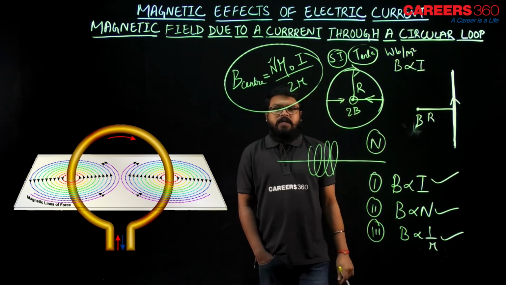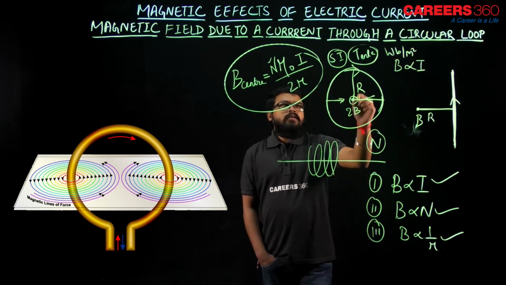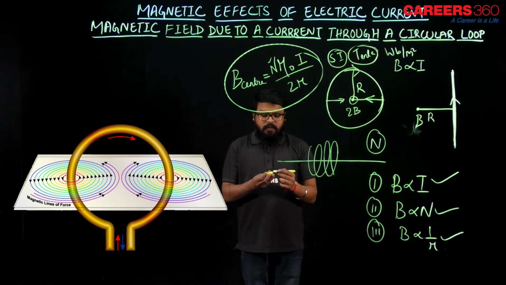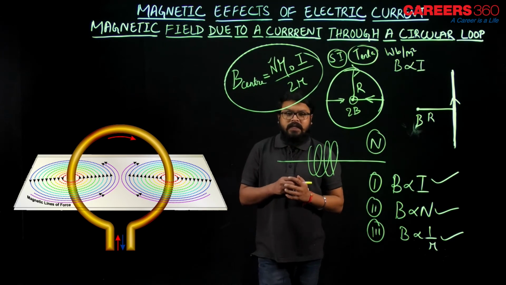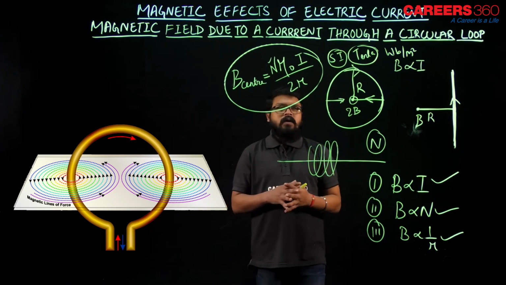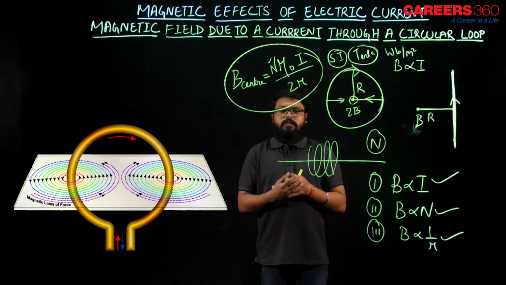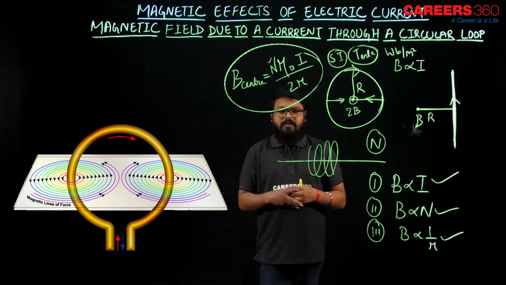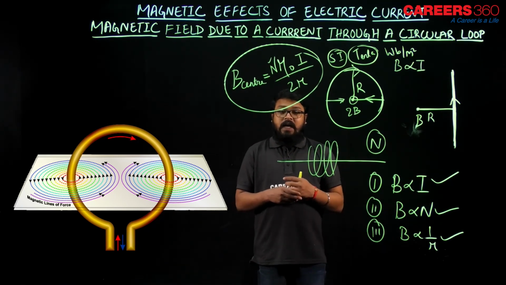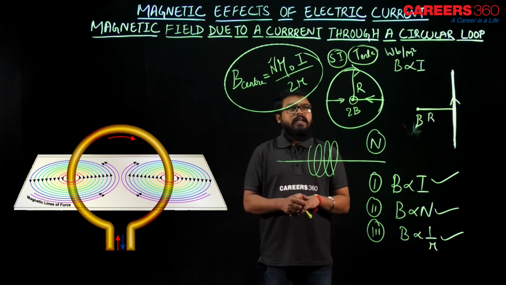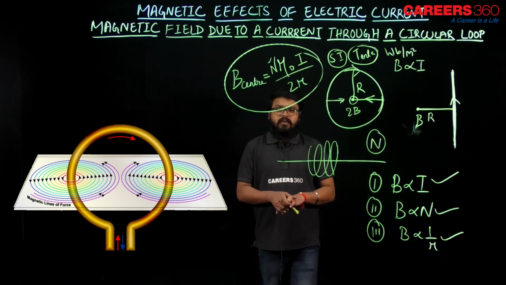Just like the electric field SI unit was Newton per Coulomb, here the SI unit of magnetic field intensity is Tesla, also expressed as Weber per meter square. I hope you remember Weber was the unit of flux, electric flux or magnetic flux, it does not matter, and meter square was the unit for area.